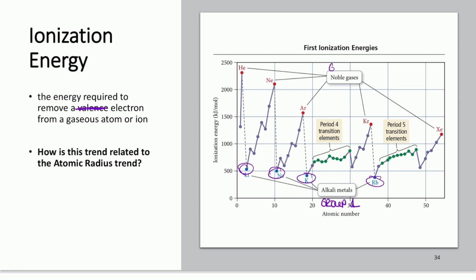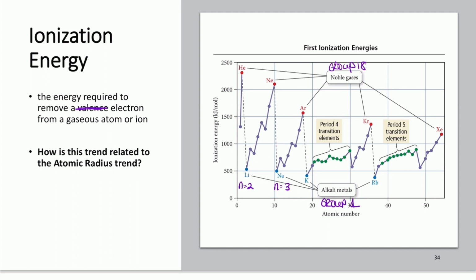So group 1 to group 18. Each one is compared to the noble gas in its row, if that makes sense. So lithium comparable to neon, they're both in the n equals 2 row. Sodium to argon are both n equals 3. Potassium to krypton, n equals 4. Rubidium to xenon, n equals 5.